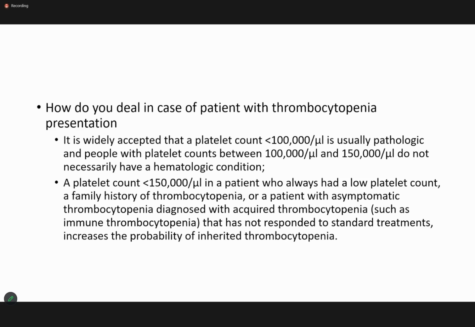When a patient has a platelet count less than 150 times 10 to the power of 9 per liter, who has always had a low platelet count, and a family history of thrombocytopenia, or a patient with asymptomatic thrombocytopenia diagnosed as acquired thrombocytopenia, for example, which has not responded to standard treatment, this increases the probability of inherited thrombocytopenia.